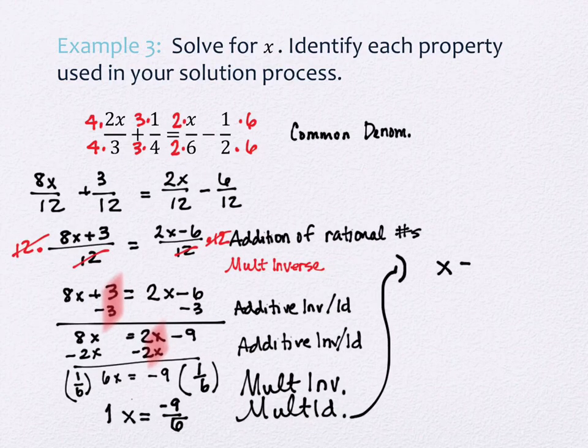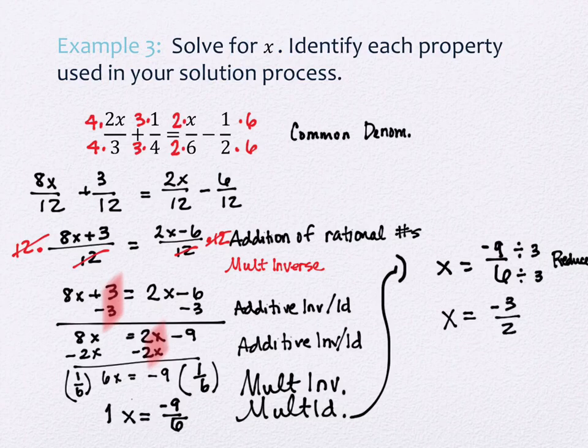So I end up with x equals, and it was negative, right? -9/6, that's the eliminating of the 1 in front. And then I need to reduce the 9 and the 6 by dividing both of them by what? 3. So that's simplification or reducing. And I end up with x equal to -3/2.